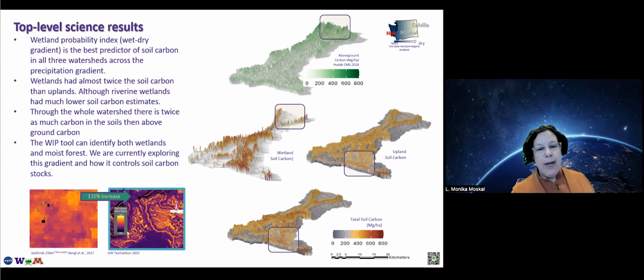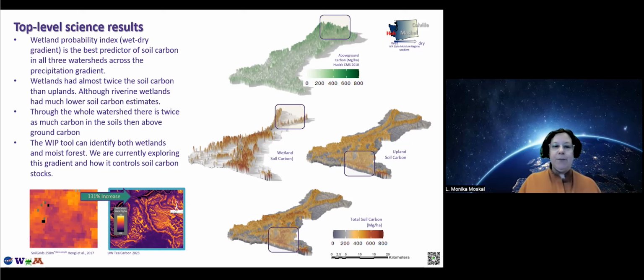The other thing we were able to show is that when we use the WIP output to drive our carbon estimates, we're able to map that carbon at a much finer spatial resolution. And by doing so, we also show an increase in our models over what exists for these landscapes thus far.